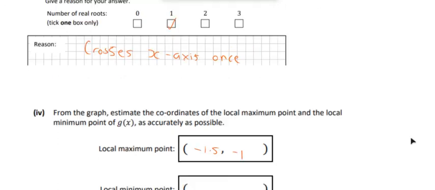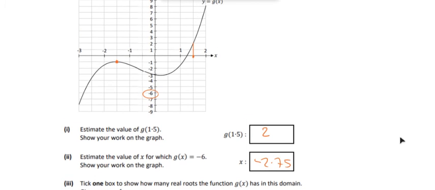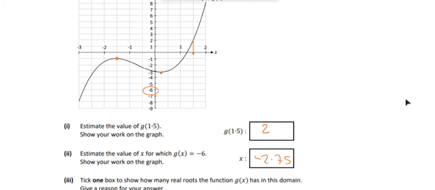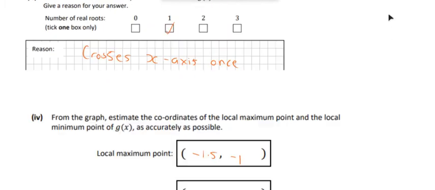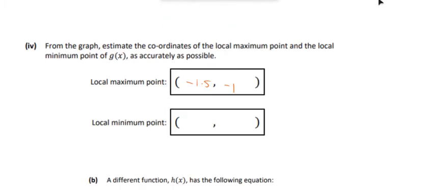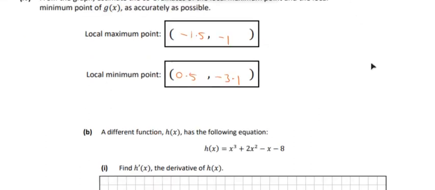Then the local minimum point is where it bends down and goes up again. It's here. So it's a half, minus 3.1, I'd say. So something like that.